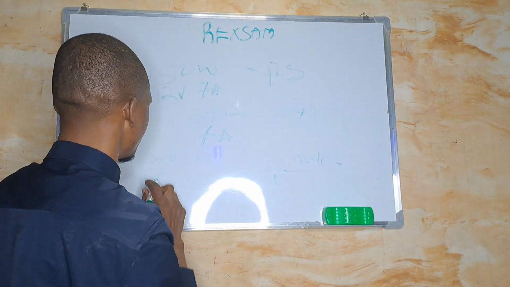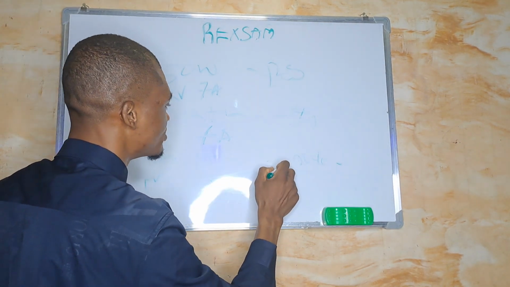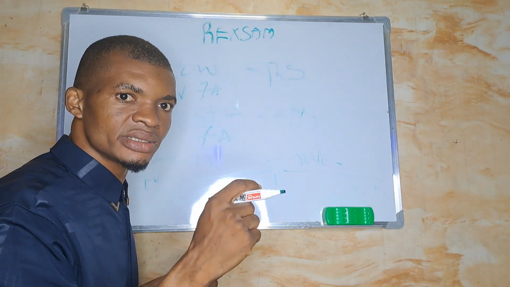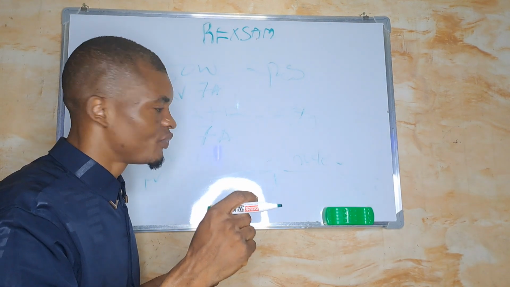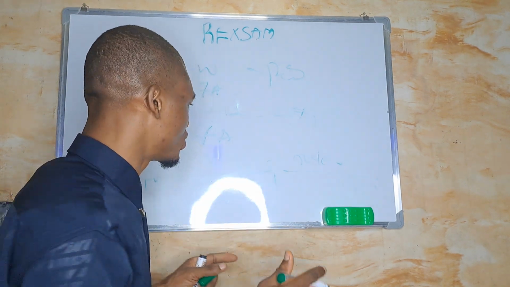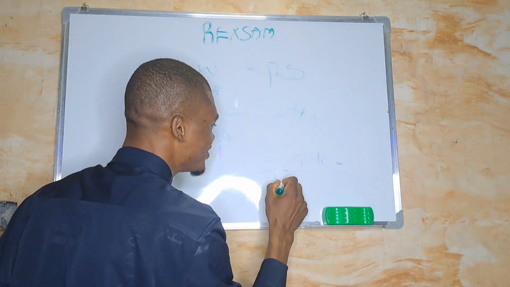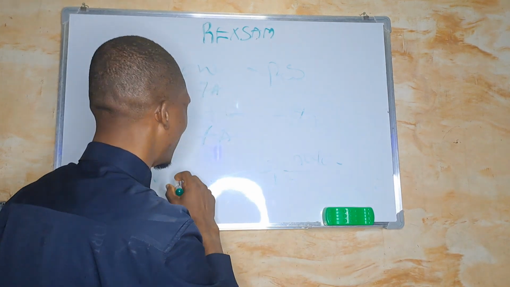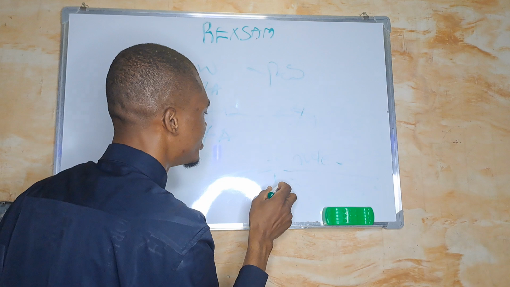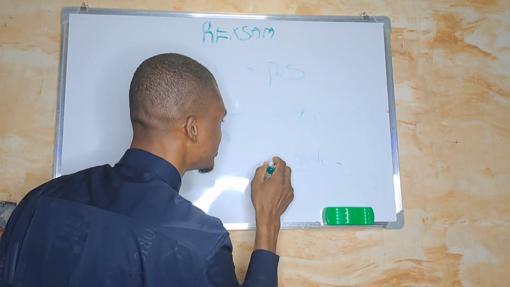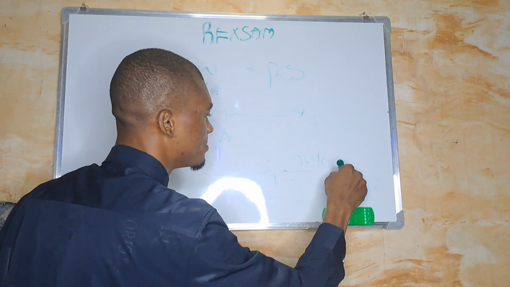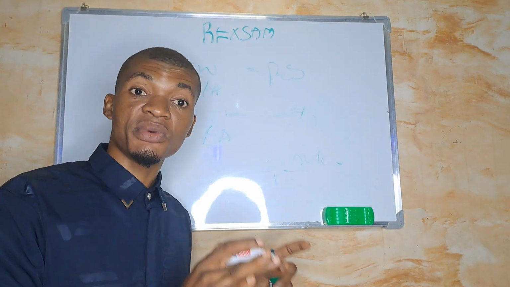Their 7 amps is here. This one will bring their own 9 amps. There will be a slight increase that will make the system function, because the 7 is coming on its own and the 9 is coming on its own, and because of that they are generating 7 plus 9, which is 16 ampere, which will make your system more effective.